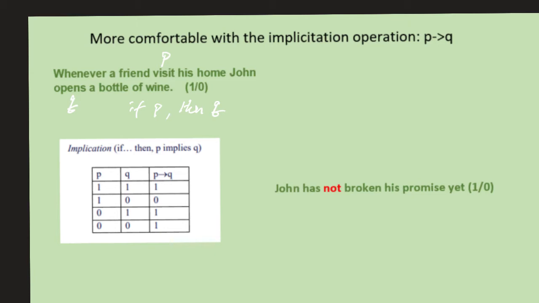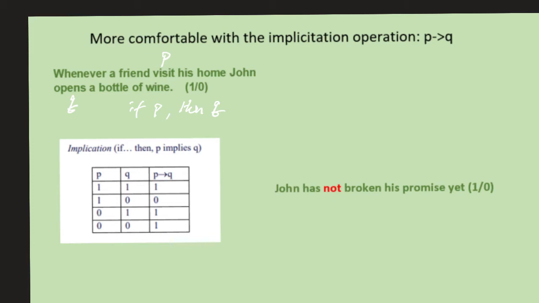P and Q are variables, and this is the output of P implies Q. You would think the output is tied to the truthfulness of the above statement, true or false, which will lead to a very interesting result you will see in a second.